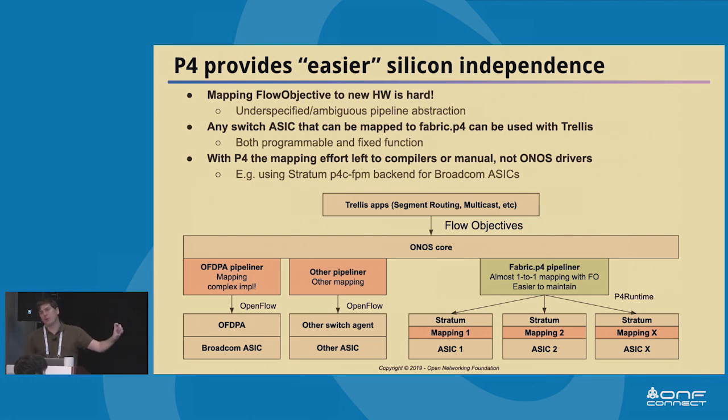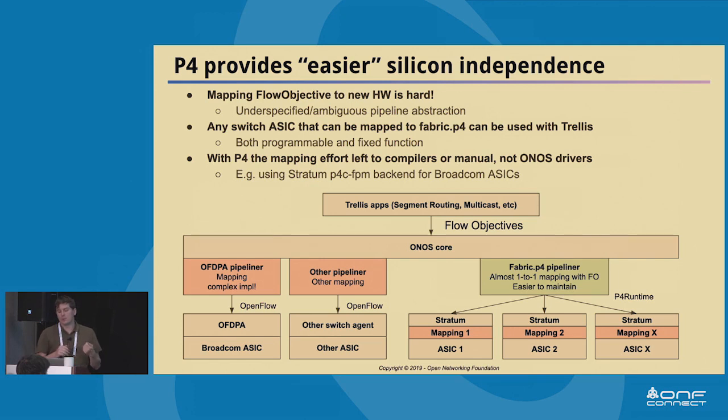Because with fabric.P4 and programmable ASICs, we have the flexibility of arranging the pipeline in a way that is convenient to us. We were able to come up with a much simpler implementation of this pipeliner that is easier to maintain. But most importantly, since fabric.P4 abstracts capabilities that are common to many fixed function switches, I mean layer 2, layer 3, MPLS, things like that, it can work with both programmable and fixed function switches.